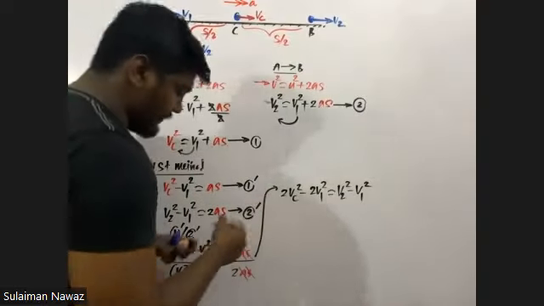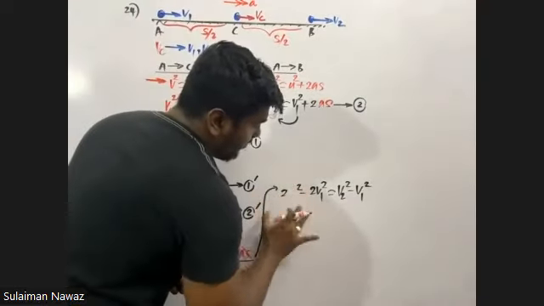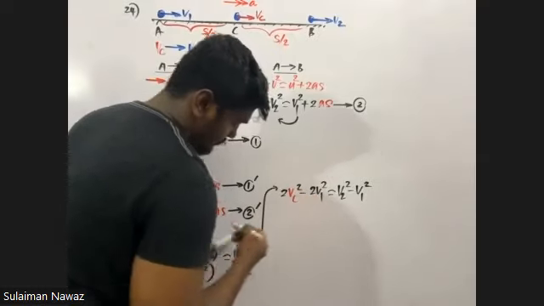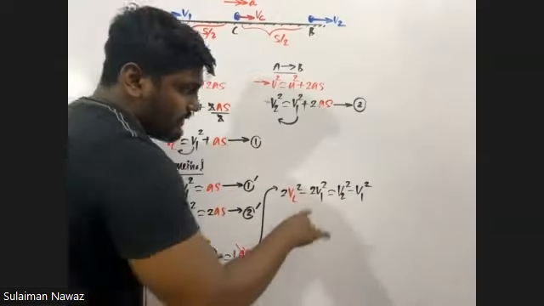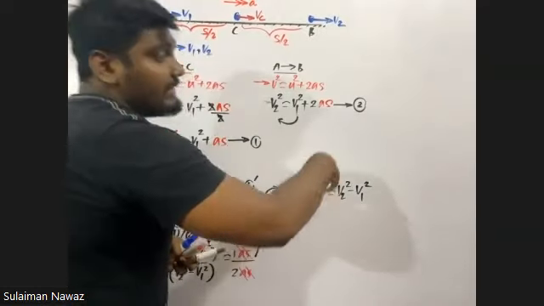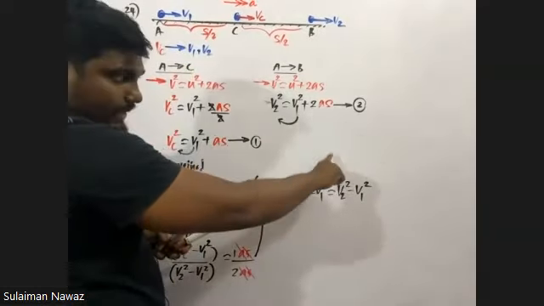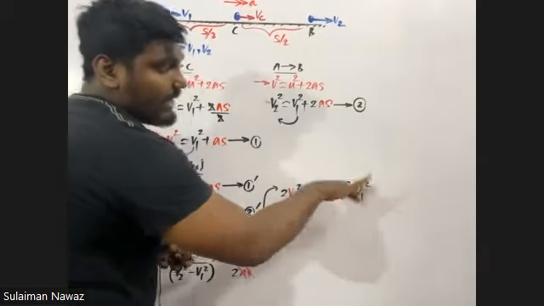If you want to find VC squared, I will bring minus 2 V1 squared to that side, which means plus 2 V1 squared minus V1 squared.